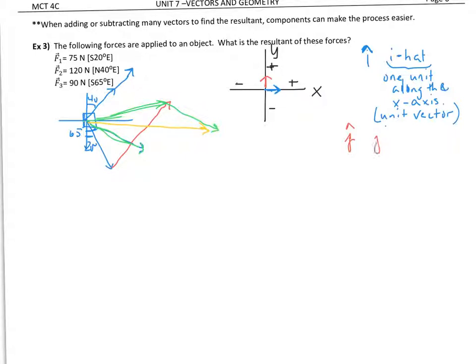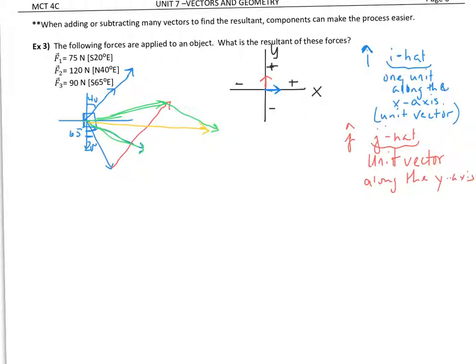Okay, j hat. And what that means is it's a unit vector, 1 unit long, its magnitude is 1, along the y-axis. Okay, so how does that help us?